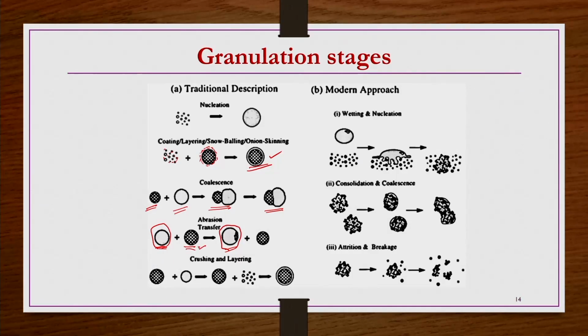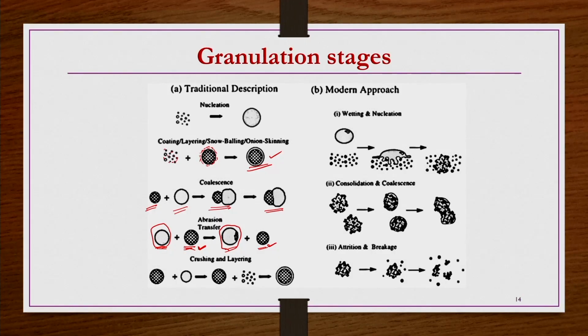Obviously, the other particle's size should decrease. Now you can see this shaded particle's size is decreased compared to its size before the attrition transfer. So this is what attrition transfer is.